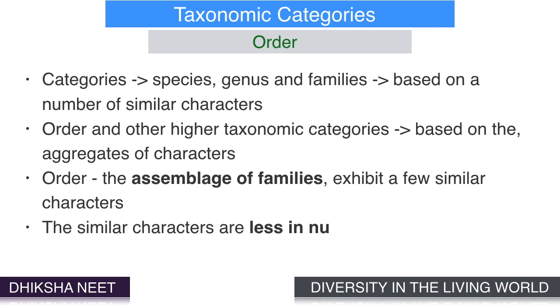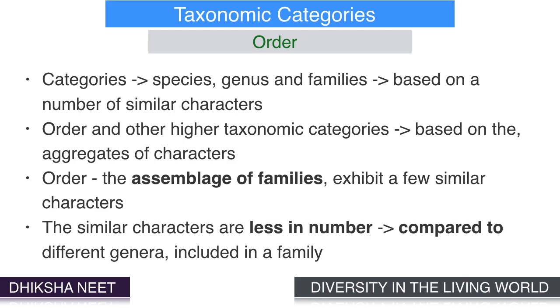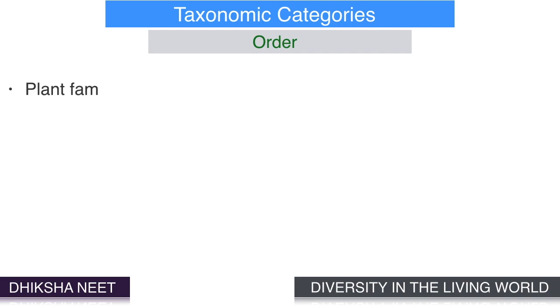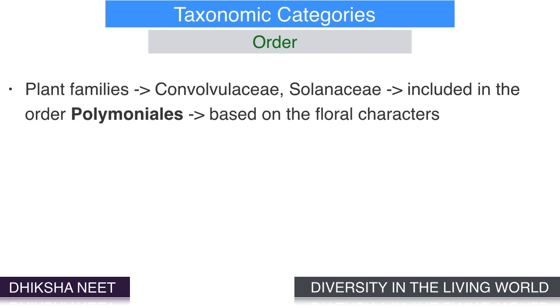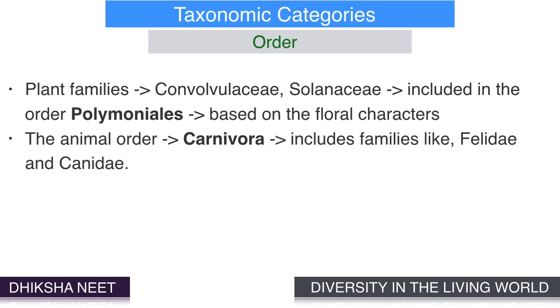The similar characters are less in number as compared to different genera included in a family. Plant families like Convolvulaceae, Solanaceae, are included in the order Polemoniales, mainly based on the floral characters. The animal order, Carnivora, includes families like Felidae and Canidae.